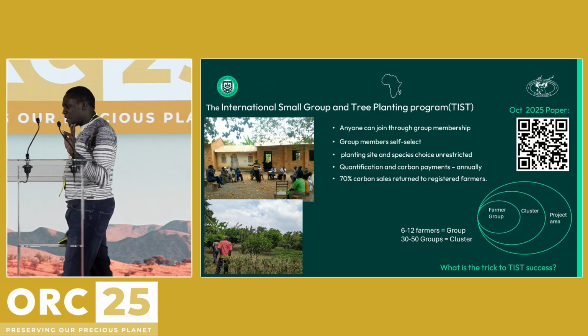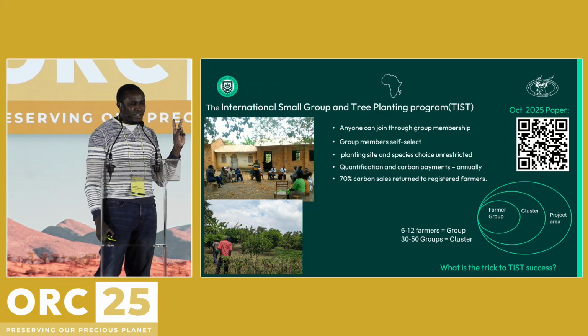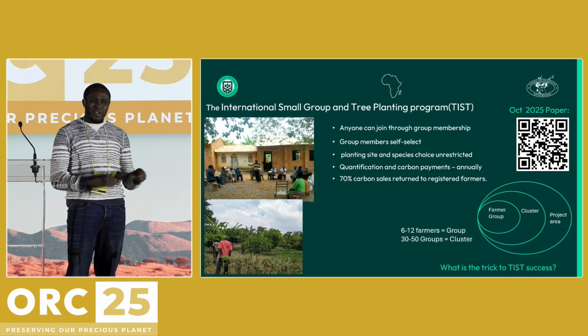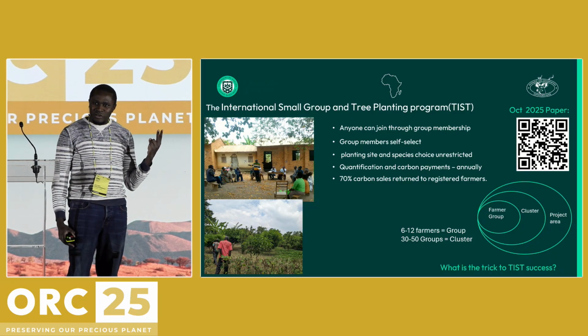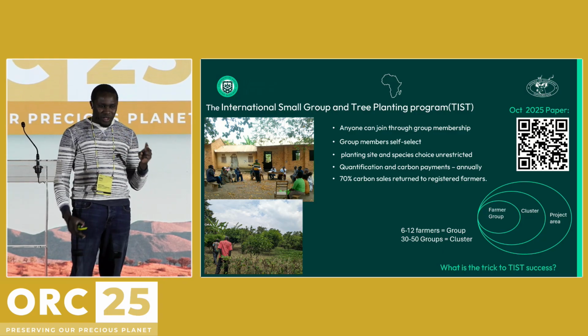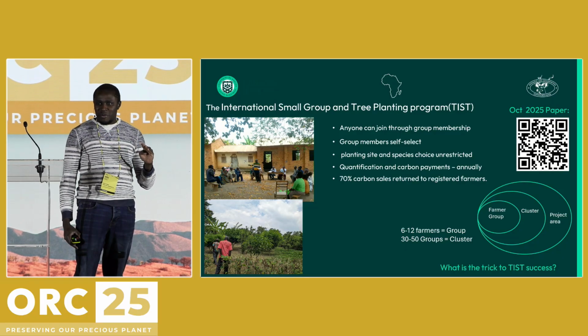But what this program does right, and which makes it stand out, is two things. One, it gives farmers agency over who is in their groups and the group governance, and two, it gives them agency over the choice of what to plant, where to plant, how to plant, when to plant.